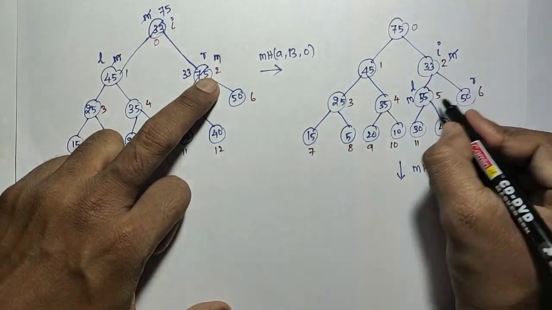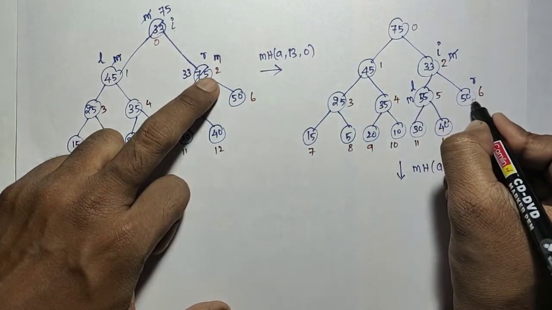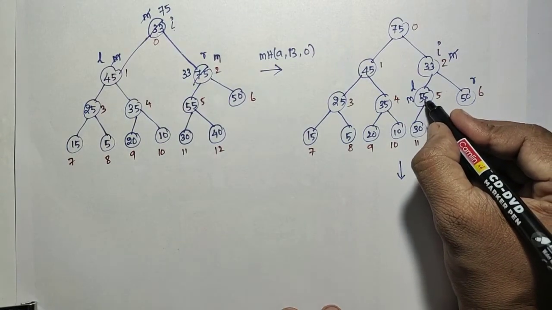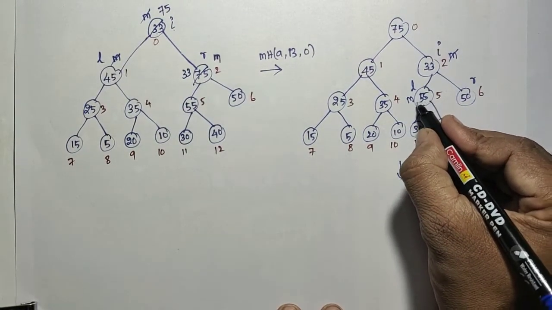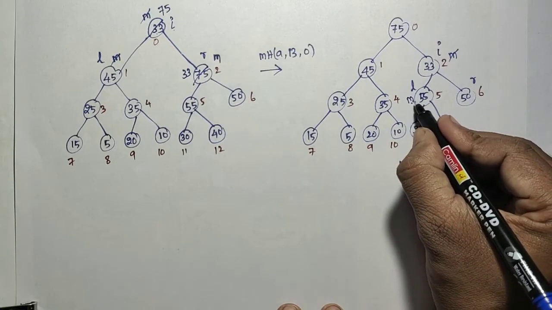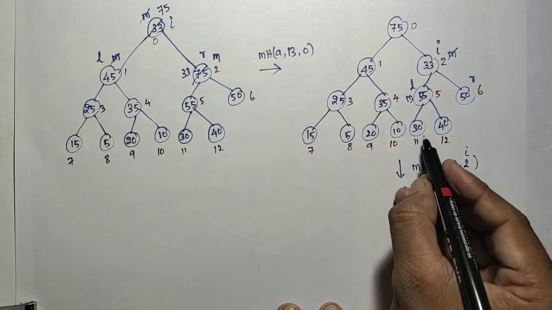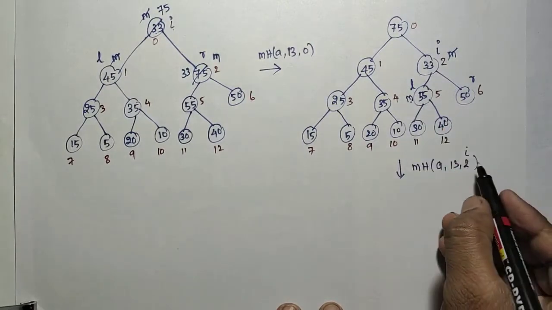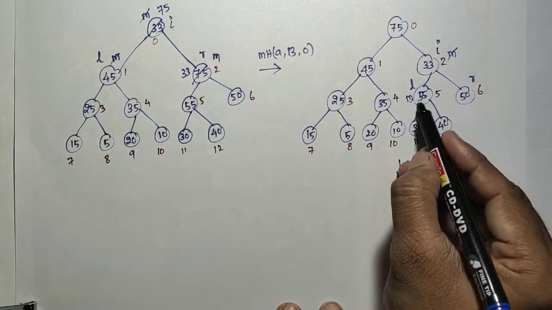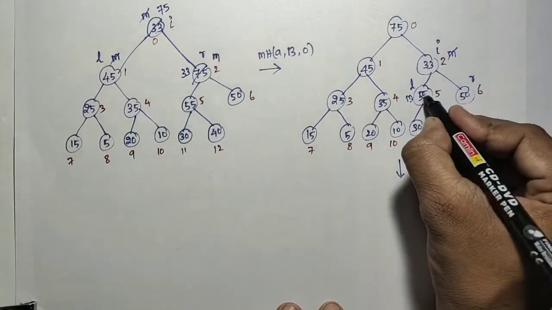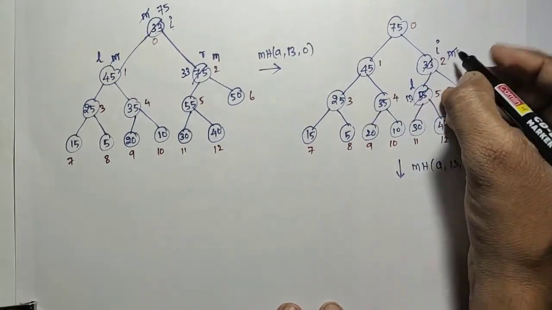Now m and r, these two will be compared. 55 is the maximum, so it will not be moved. m is still 55. So after finding the mth value, the m-th and ith values will get swapped, so 55 and 33 will get swapped.